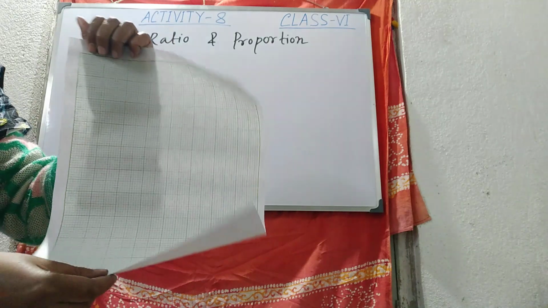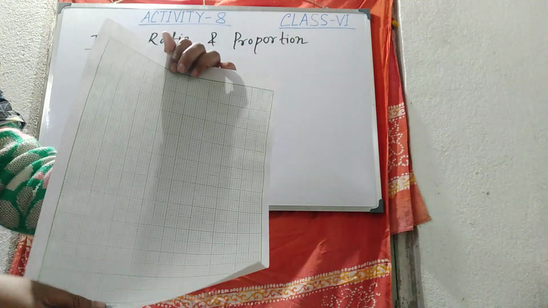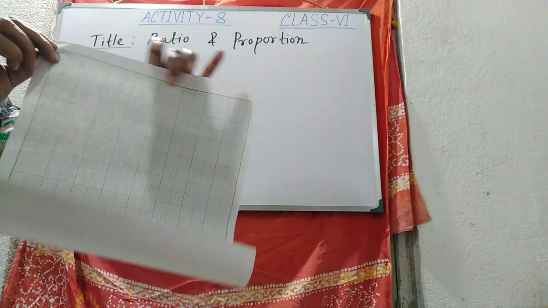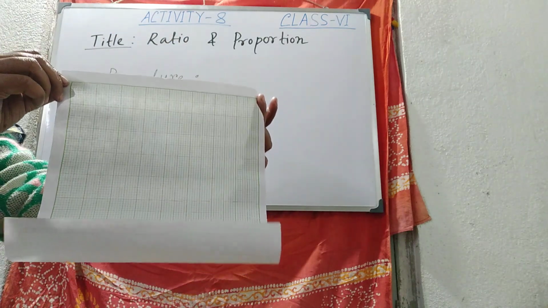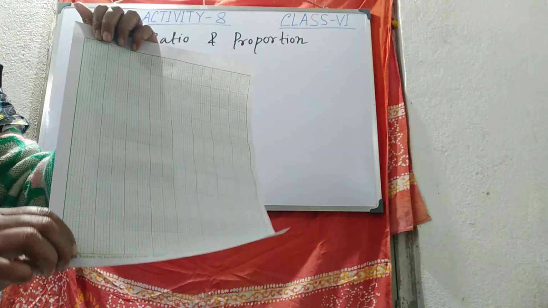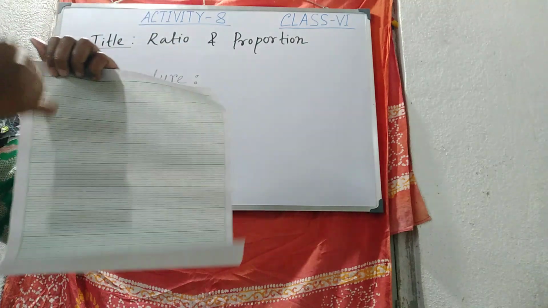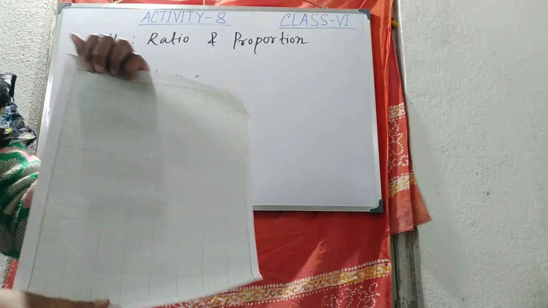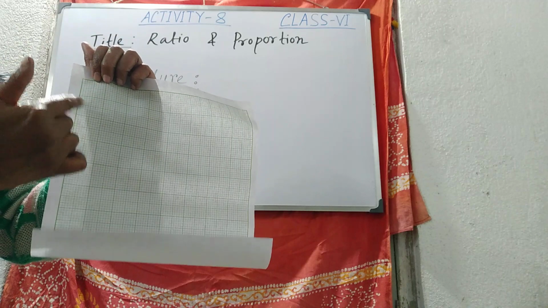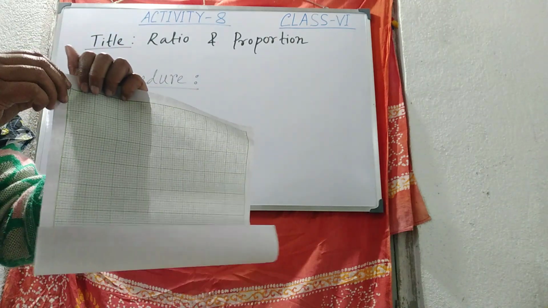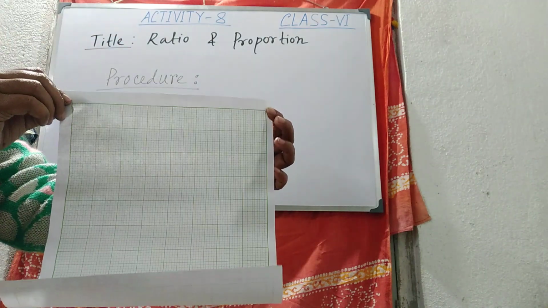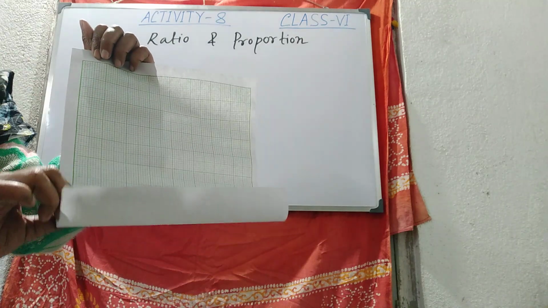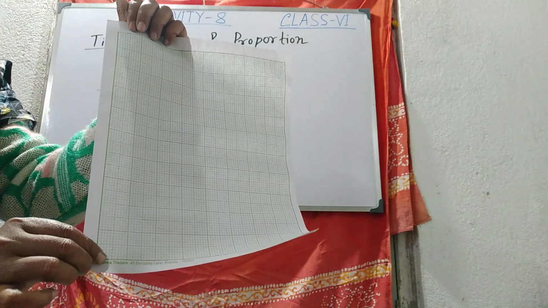So what will be the total number of square boxes? If we multiply the total number of columns with the total number of rows, we can get the total number of square boxes without counting one by one. Here the number of columns is 8 and the number of rows is 10.